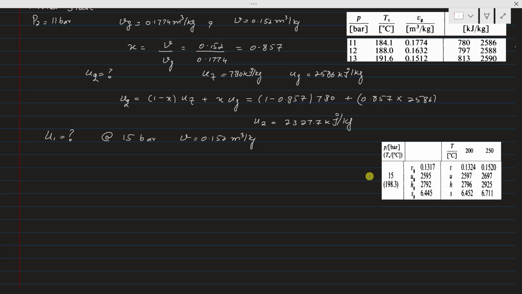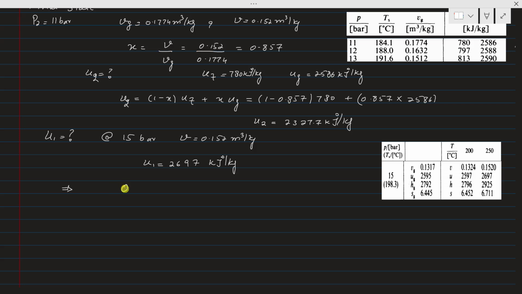Then from the superheated steam table, at 15 bar pressure and specific volume 0.152 meter cube per kg, you can observe that specific internal energy is 2697 kilojoule per kg. U1 is equal to 2697 kilojoule per kg.